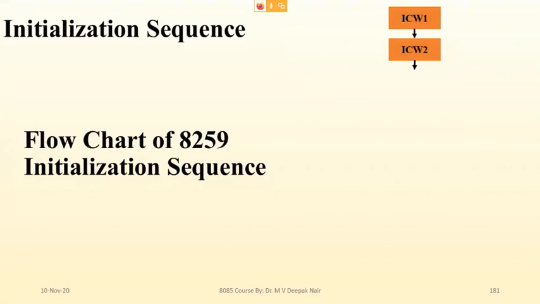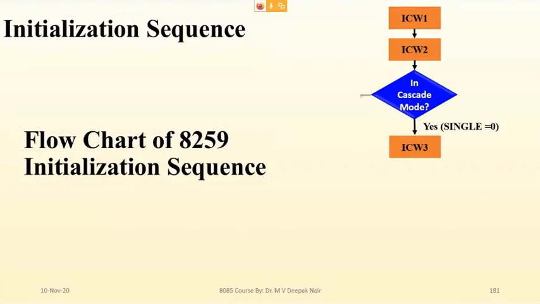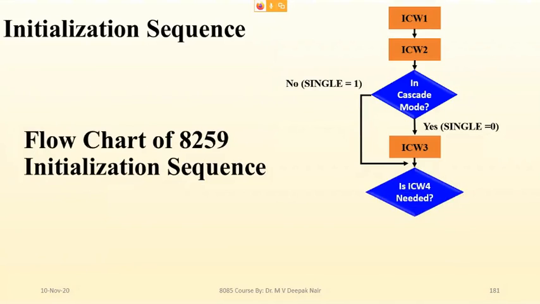Then after that we check whether we need cascading or not. If it is needed, then we will use ICW3, otherwise we can escape ICW3 and directly go to ICW4.